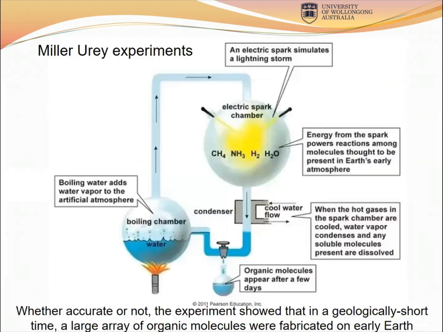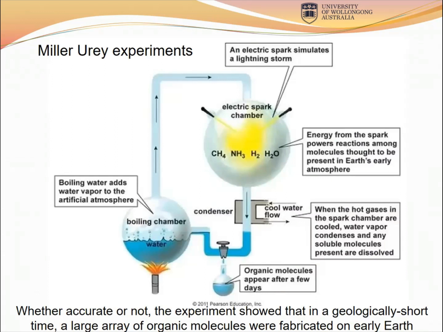Going back a very long time, almost a century now, people started doing experiments and were able to show that if you had boiling water with some other things in it, electric sparks and so on, you could, in a very short time, generate a very wide range of organic molecules in just a few days.